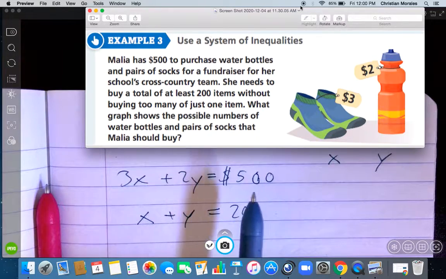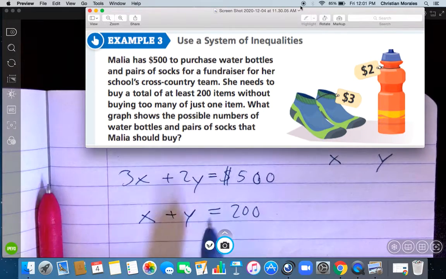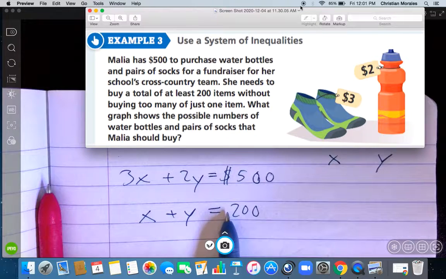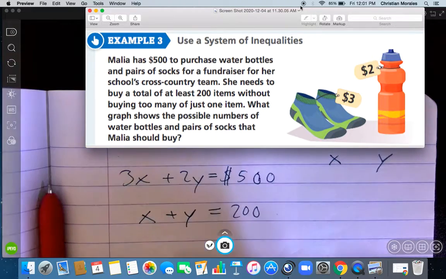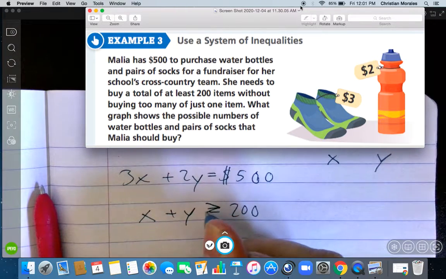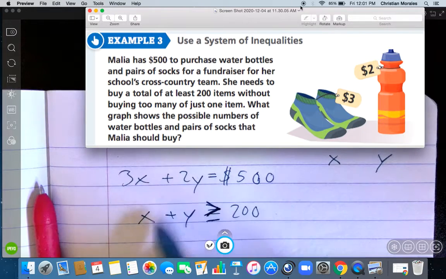She needs to buy a total of at least 200 items, which means this can be 200 items, or it can be greater than 200 items because they'll sell more. So this can be greater than or equal to 200. The amount that you buy can be greater than or equal to 200.